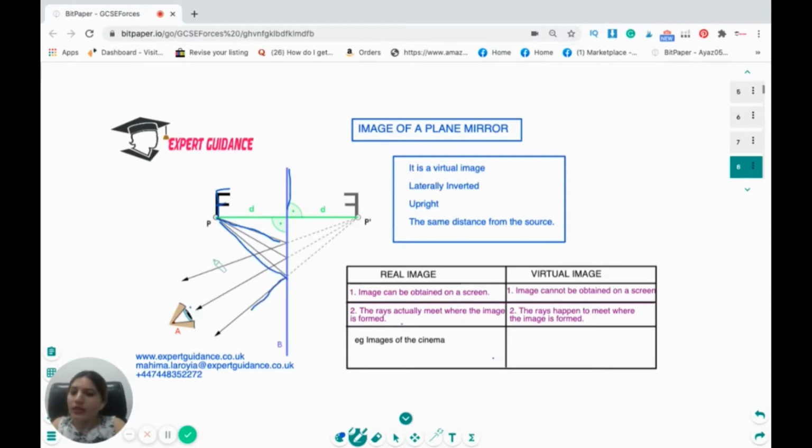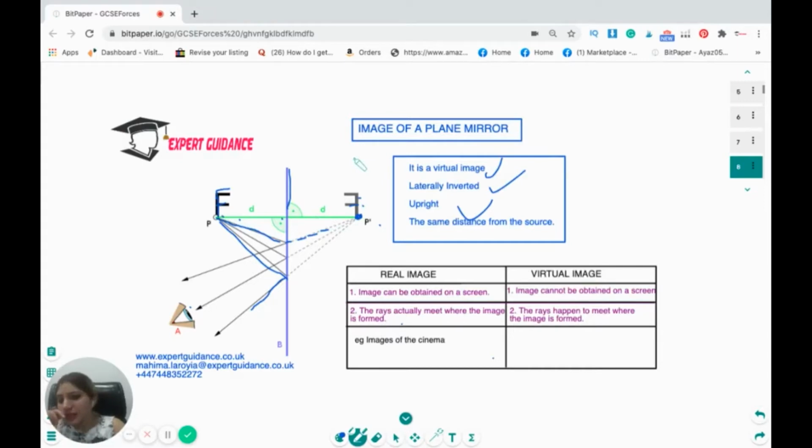Now I can only see in a straight line. So we will extrapolate these lines backwards, and where they meet will be the image, right? So if this is F, the image will be made at P dash, which will be laterally inverted. It will be a virtual image, laterally inverted, upright, and it is the same distance from the mirror.